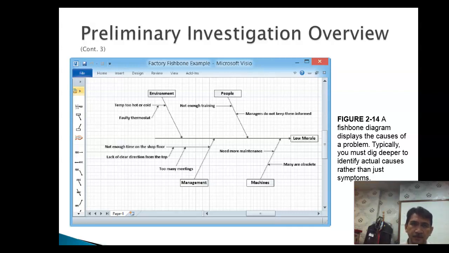You can search around for fishbone diagrams. They have already created the template, and you can just plug in the factors, right? But for this one, this is using Microsoft Visio.